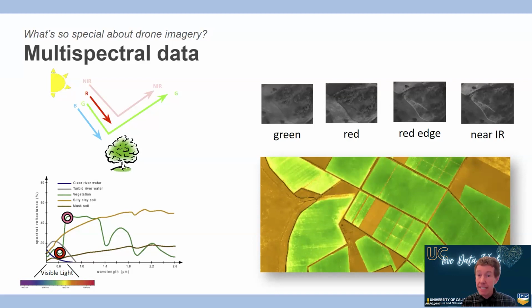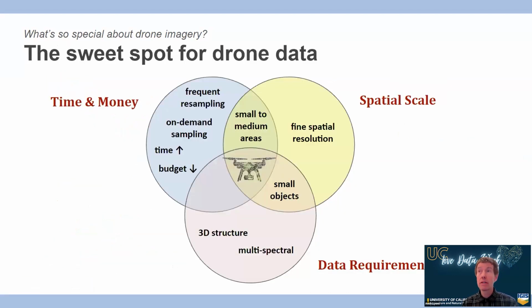If you're interested in vegetation, multispectral data, specifically the infrared and near infrared parts of the spectrum, are really helpful because healthy and unhealthy vegetation really pop out in those bands. Our eyes can't see them, but the sensors on the drones can pick that out. And when you fuse that together with the green and the red band, it's really helpful for vegetation work. This is really mature technology. It started decades ago with satellite images.